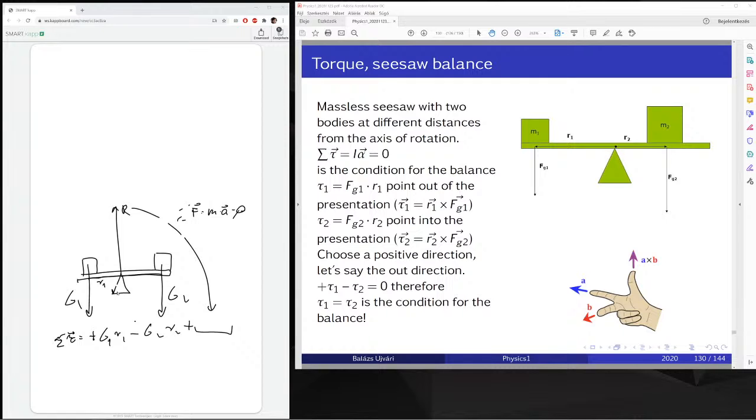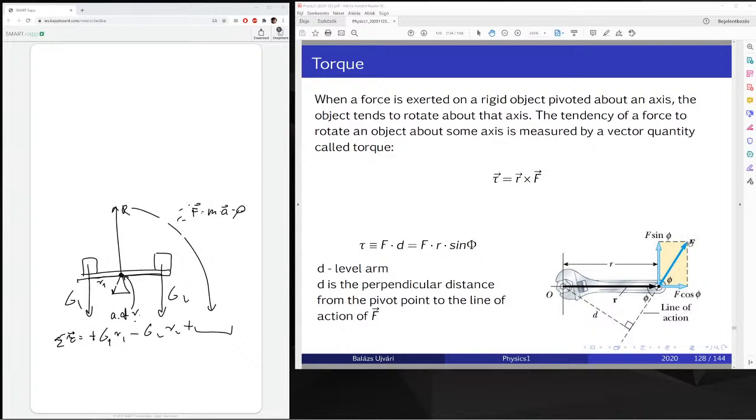All right, what I want to say, this is the axis of rotation. If the force, let's just move it here, if the force goes through the axis of the rotation, this level arm is 0, because the level arm, by definition, is the distance between the line of action, which is technically the vector of the force, and the axis of the rotation.